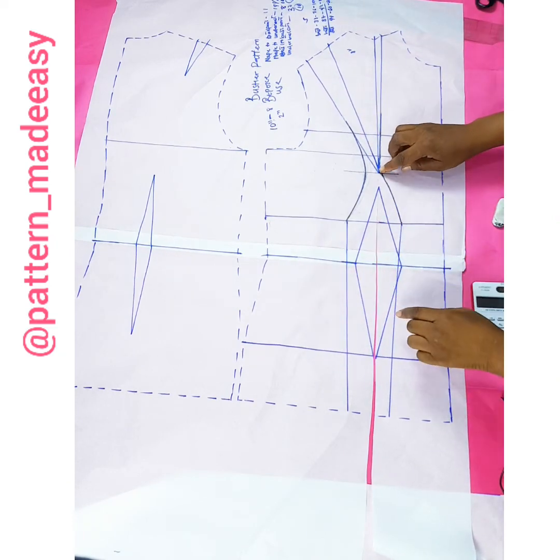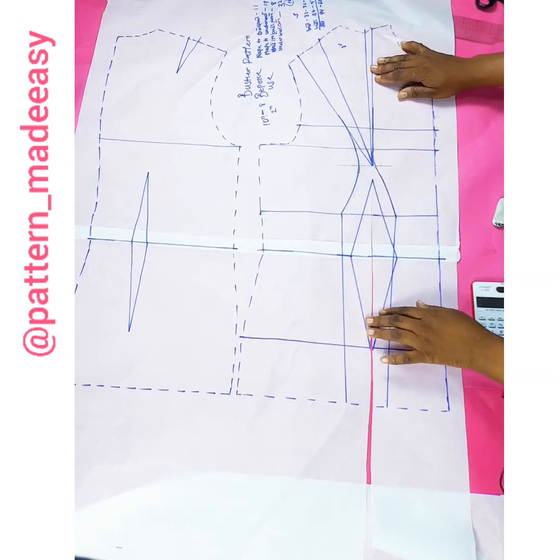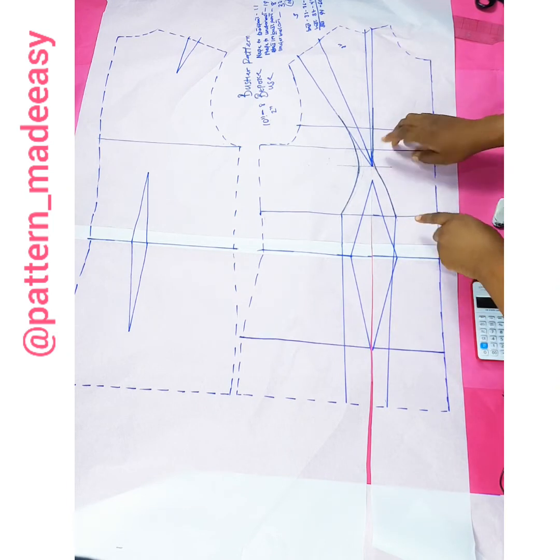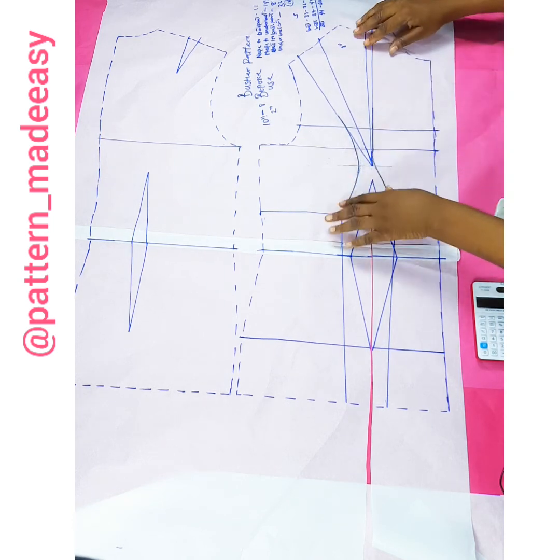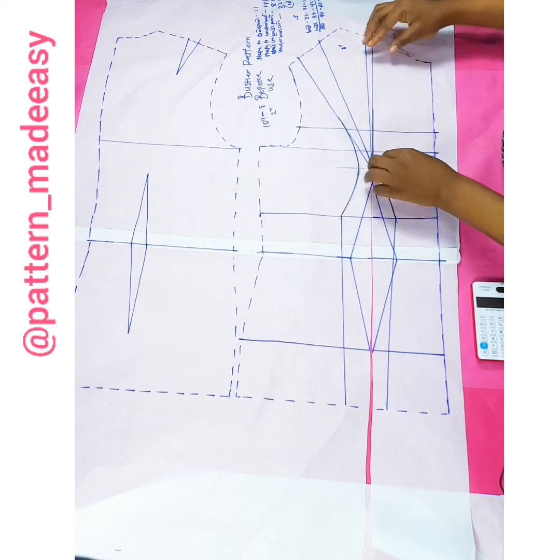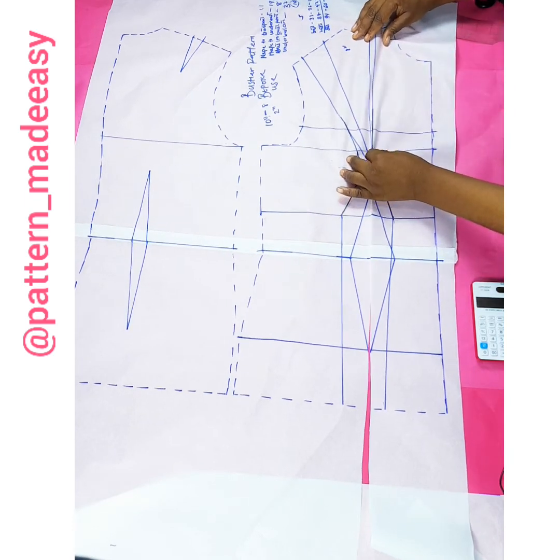So what I did was to cut it to the bust point. I slash it to the bust point, and then I'll be closing up from the tightening leg, not the first dart leg, which is our normal dart leg.